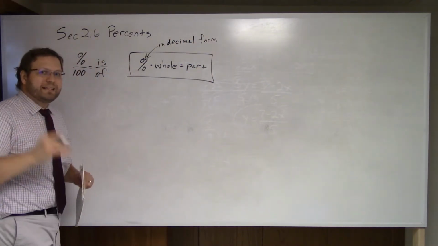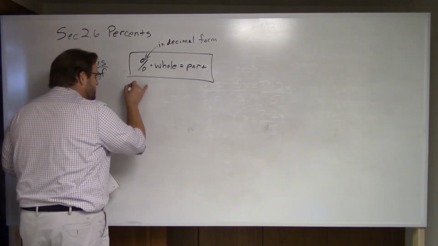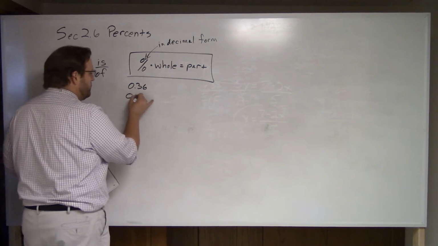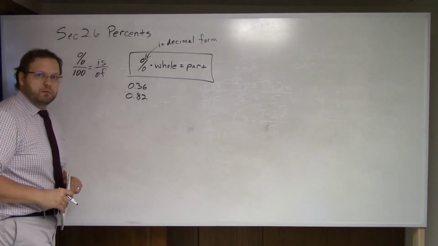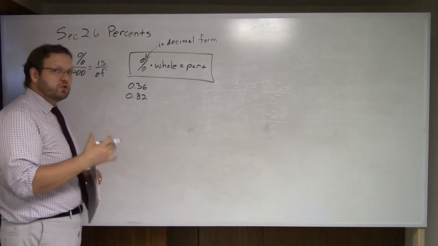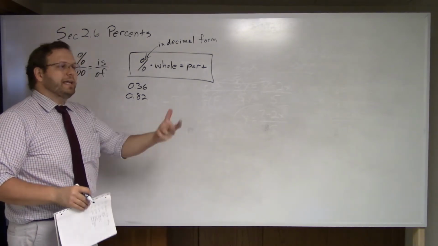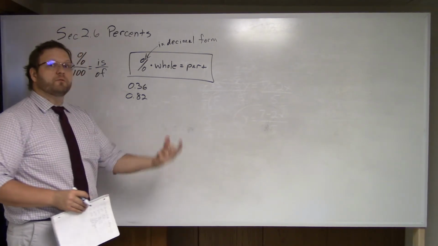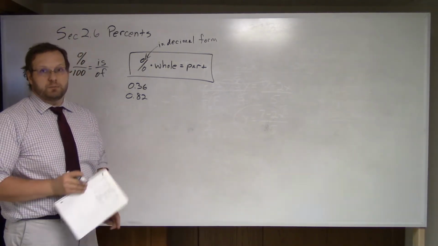If I say 36%, I would say 0.36. If I have 82%, 0.82. Make sure you're aware of that when you're plugging that in or taking it out. If you solve that equation for a percentage, it will be given to you in decimal form. So we would have to convert that decimal back over to get the percentage.